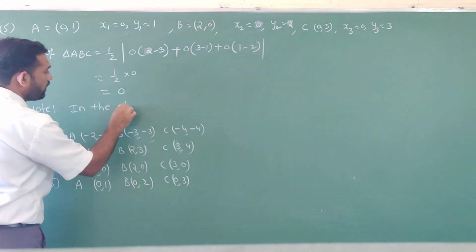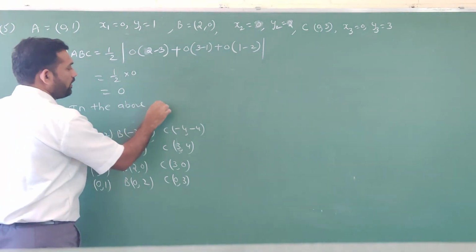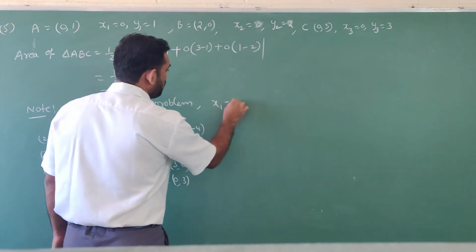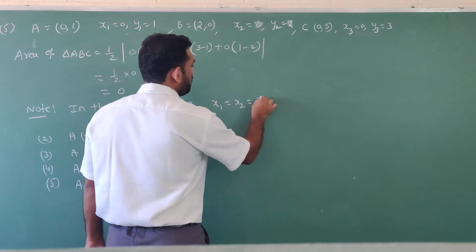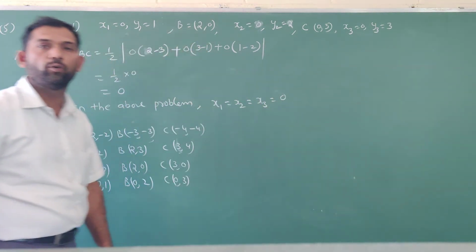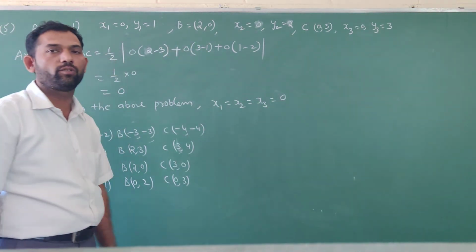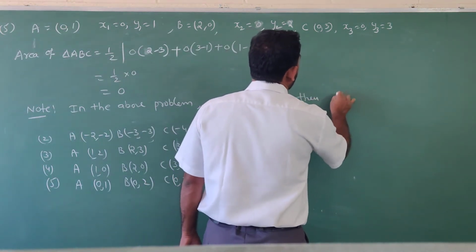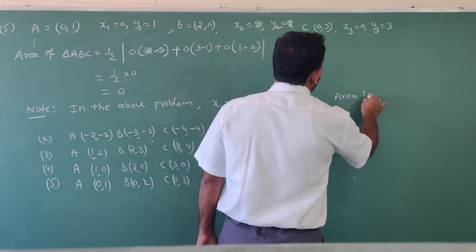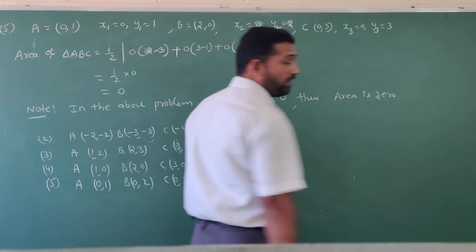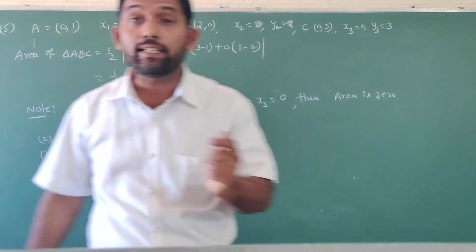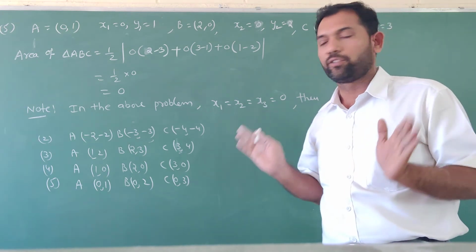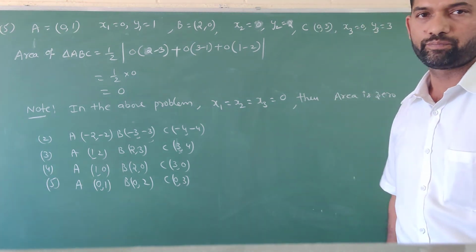In the above problem, x1 equal to x2 equal to x3 is equal to 0. Then the area is 0. It means in each point the x coordinate is 0, so that's why the area should be 0.